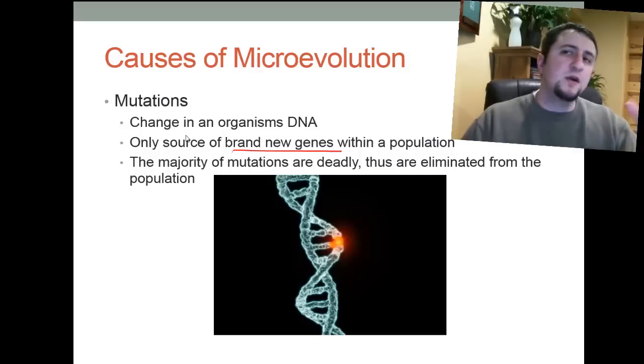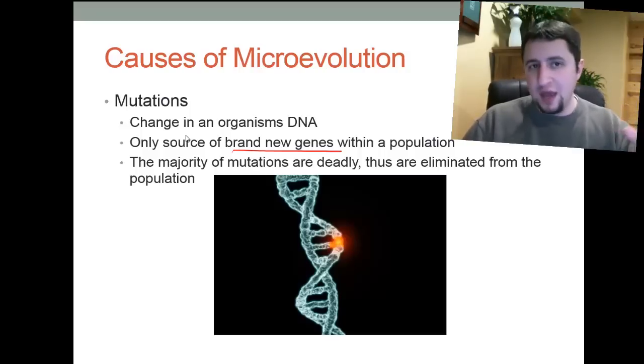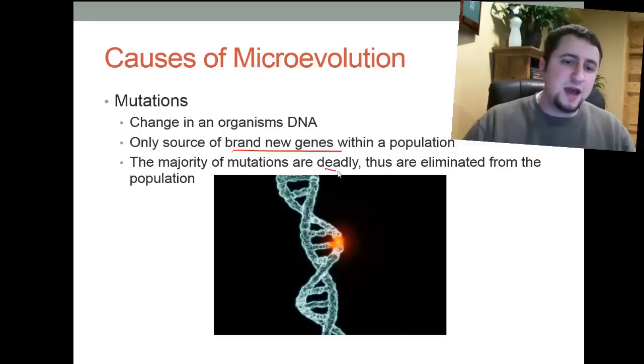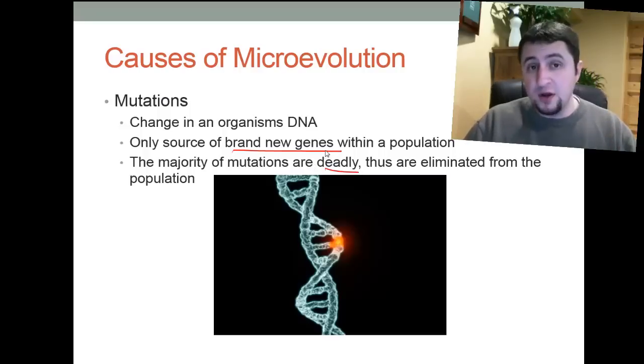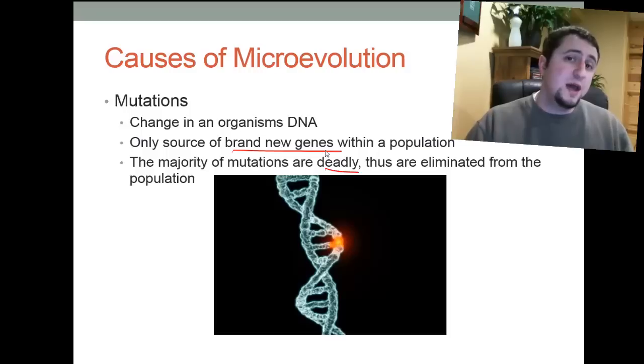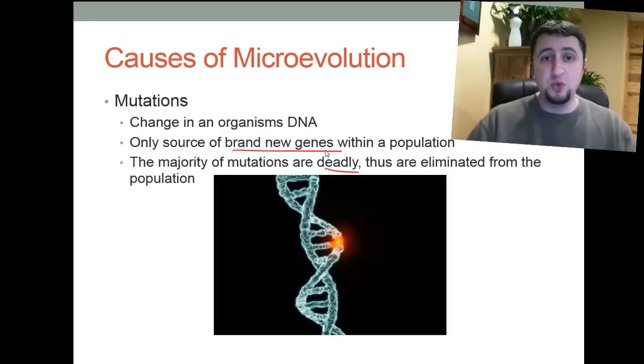But that would require so many mutations that it isn't very likely. Most mutations actually are deadly. For example, cancer is caused by mutations. And so most mutations actually end up killing the organism. And if the organism is killed, they are eliminated from the gene pool.